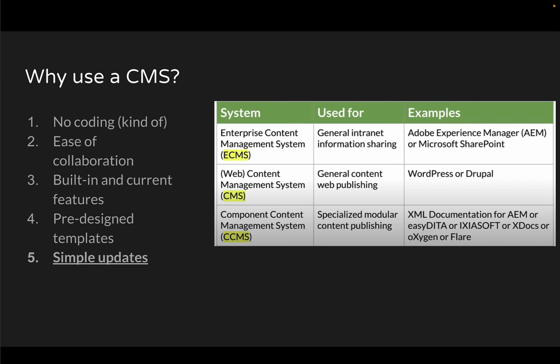And then thirdly, component content management systems, an example like MadCap Flare, which you worked on earlier in the semester. Just wanted to point out, again, just for clarification of terminology, they're somewhat different. And so you've been exposed to web content management systems and component content management systems in this course, and have at the very least some baseline literacies for both of those.